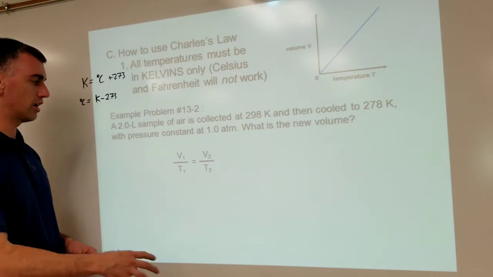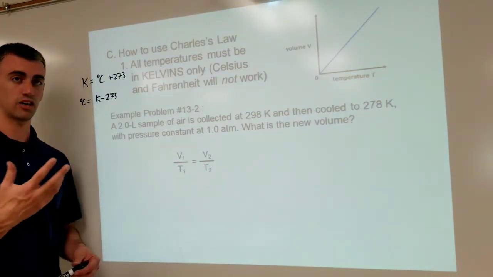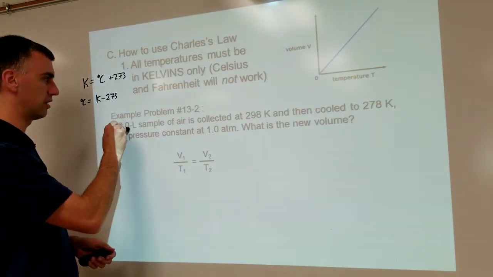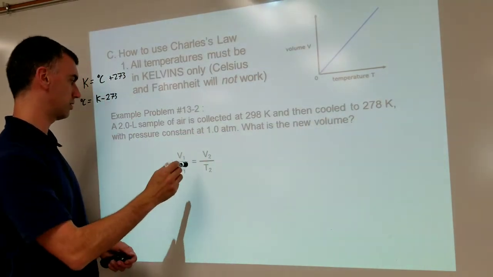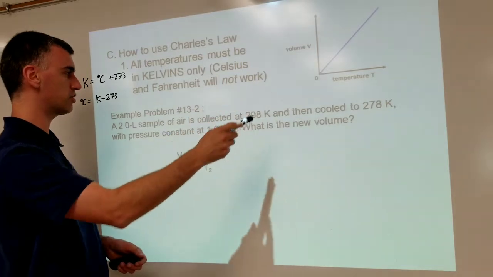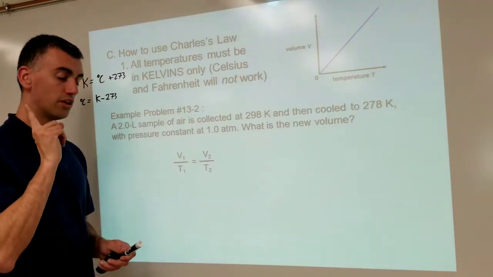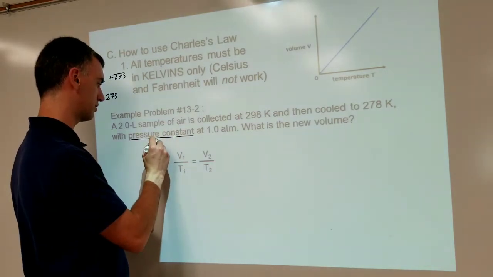Now, be aware, I've given you this, but don't expect this to be given to you paired with a question like this on an actual test. You have to look and say, a volume, a temperature, sorry, a volume, a temperature, and then it says pressure constant at 1.0 atmospheres. If it says pressure is constant, this means ignore.